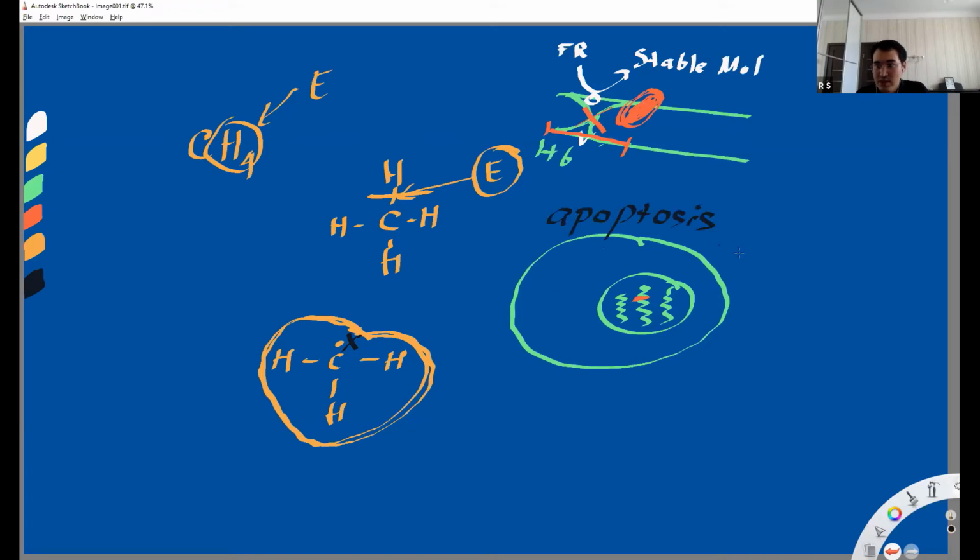And apoptosis is a controlled death of the cell. So this cell decides to die, and it really dies. And this is the free radical induced apoptosis.